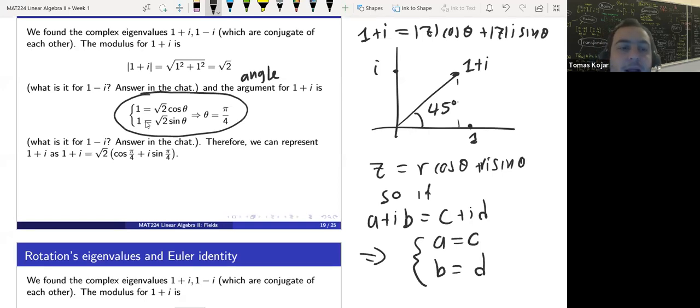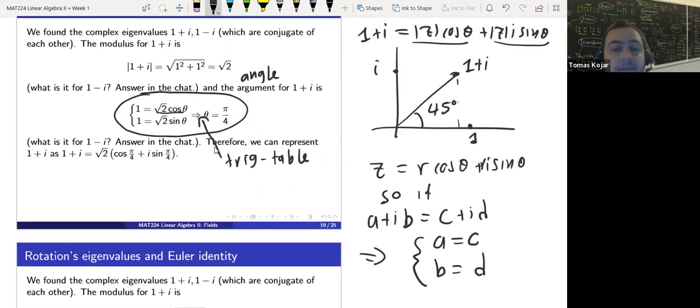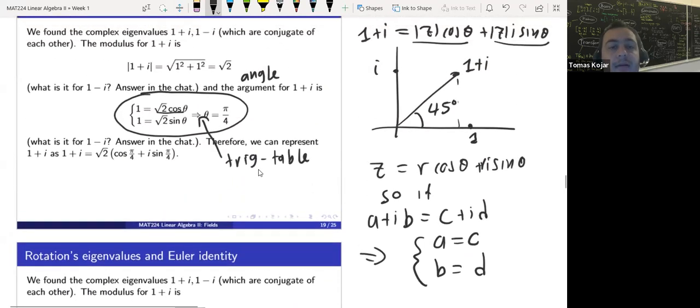So we get 1 is equal to the modulus times cosine theta, and then 1 is equal to the modulus times sine theta. And from here it's easy because we use the trig table.